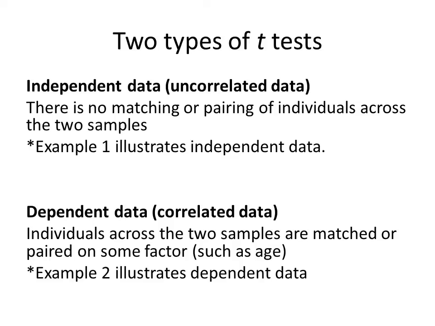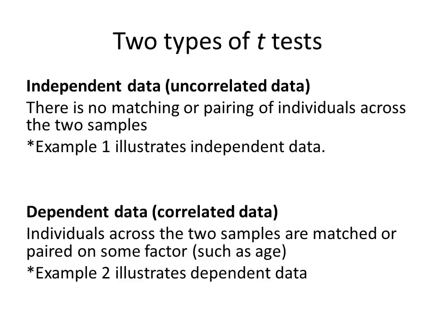So it could be that they are matched on age, socioeconomic status, education level, numerous other aspects that we could match or pair the individuals across the two samples. So our example number 2 on page 121 looks at what we would talk about as far as dependent data.